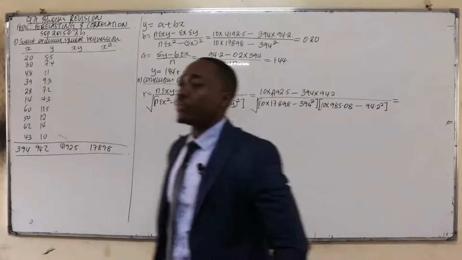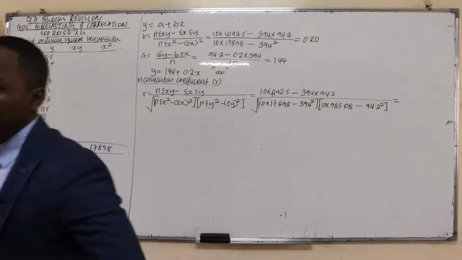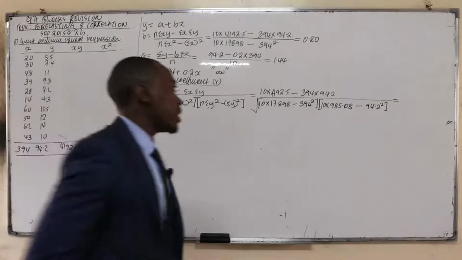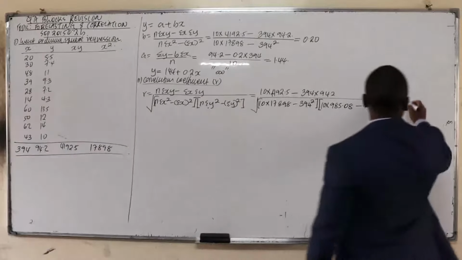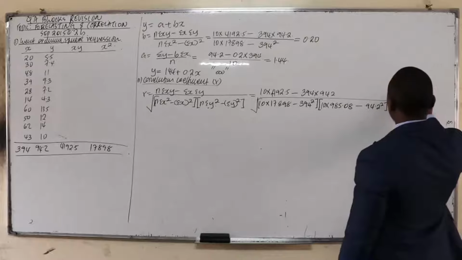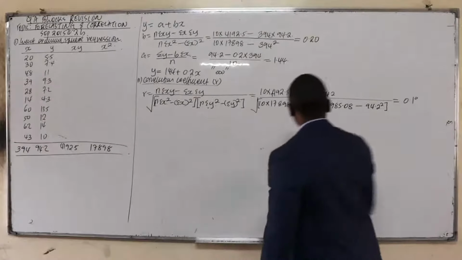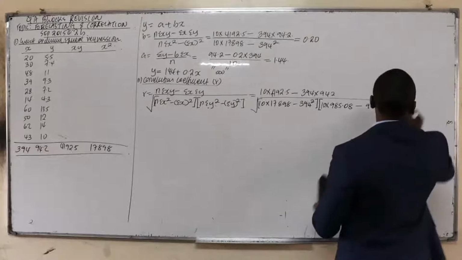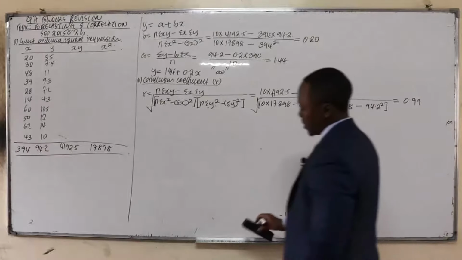Shift number 2, replay forward. How much is our R? 0.99.